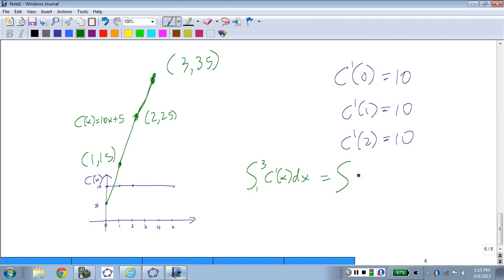That's going to be, for this function, 10 dx. Well, I don't need the integral there anymore. Yes, I do. It's going to be the integral of 10 dx from 1 to 3. It's going to be 10x from 1 to 3.